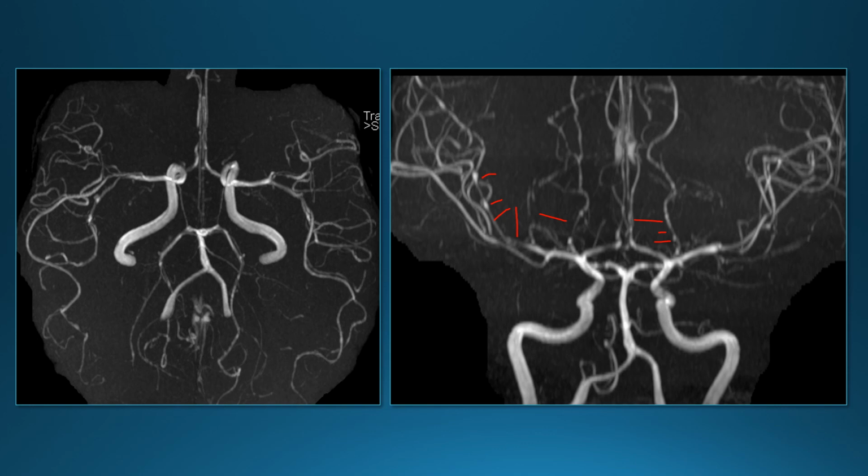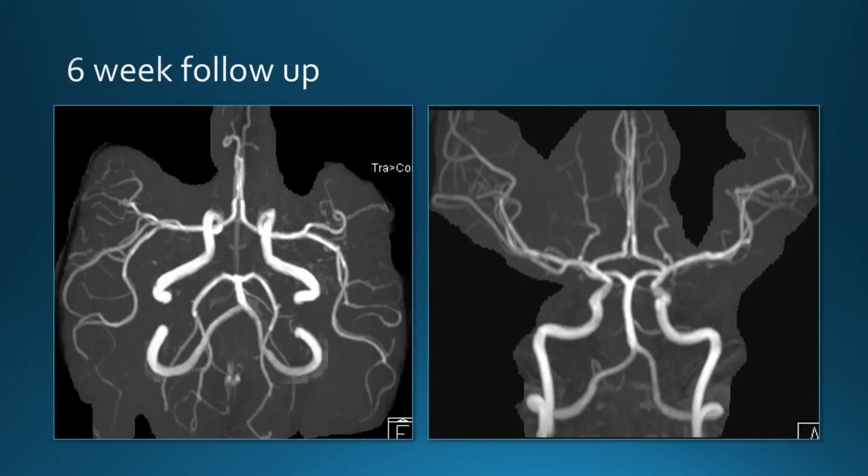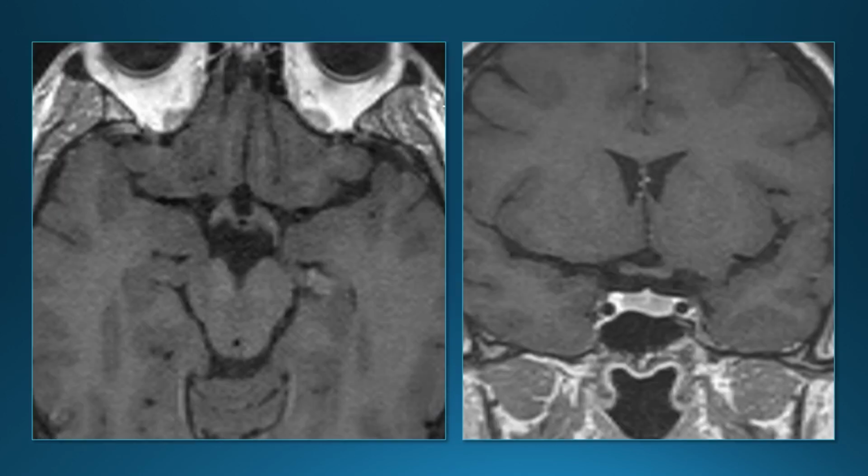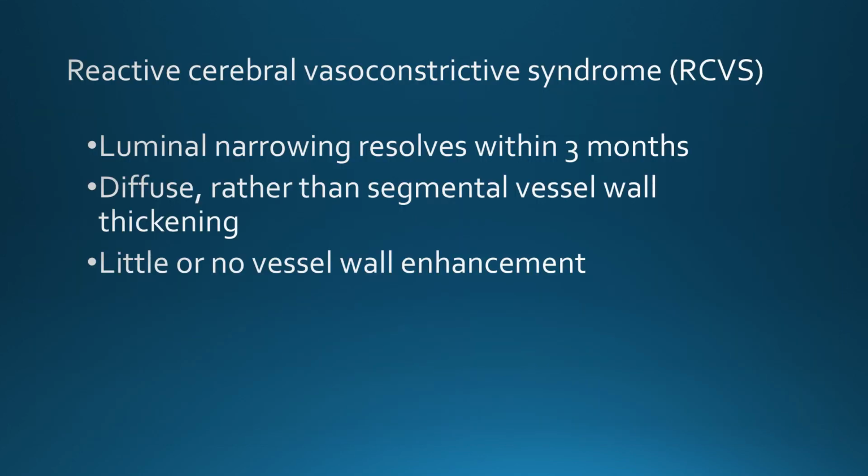So this patient, 6-week follow-up, totally normal. And on vessel wall imaging, there was no vessel wall enhancement. And so this patient did not have a cerebral vasculitis. This patient had reactive cerebral vasoconstrictive syndrome, or RCVS. So with these, the narrowing usually resolves fairly quickly.